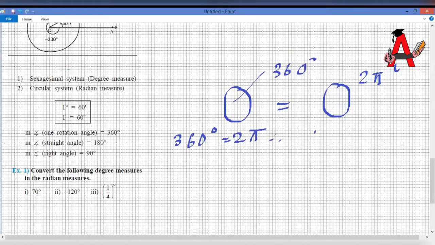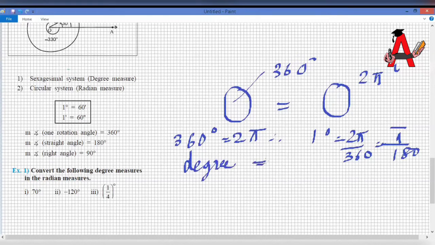Therefore, 1 degree is equal to 2 pi upon 360, which is equal to pi upon 180. So whenever I have to convert a degree into a radian, I have to multiply it by pi upon 180.